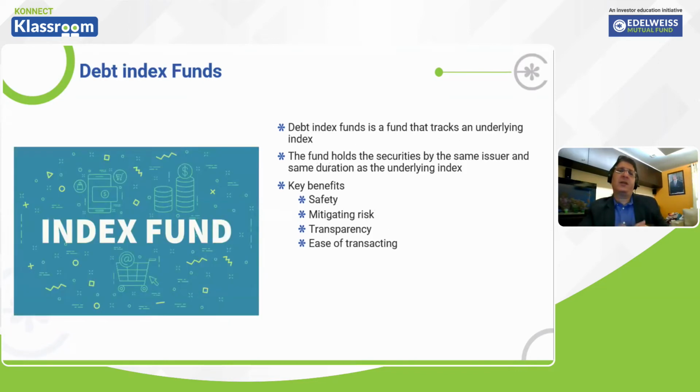The other option that's there is debt index funds. It's just like equity index funds. You also have debt index funds, which track a particular underlying index. The fund holds the same securities and for the same maturity as the underlying index.